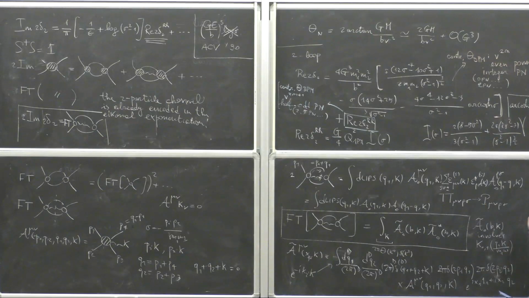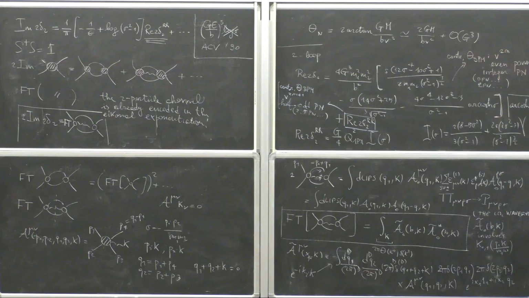So let me not write it down. However, this object is very interesting because, as we will see hopefully in the rest of this lecture, or maybe at the beginning of the next one, this is actually the leading order gravitational waveform in frequency domain. But as I said, we will come back to this.